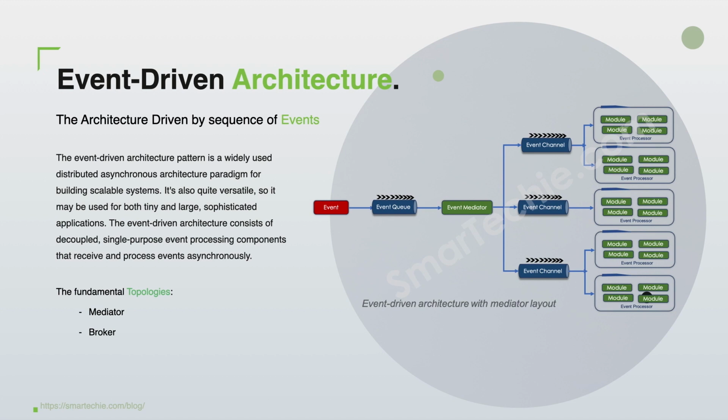Because the architecture characteristics and implementation strategies differ between these two topologies, it's very important for everyone to know which is the best suited architecture pattern for their specific use cases, right? So if we talk a little more about the mediator topology, this is useful for events that have multiple steps and require some level of orchestration to process the event.